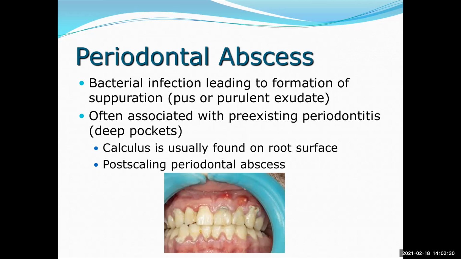So that might be one tooth scaling to completion, two teeth scaling to completion, a sextant scaling to completion. So you're not going in and ultrasonicking, for example, the entire mouth and then trying to hand scale and then time runs out. Only start what you can complete. You scale to completion.